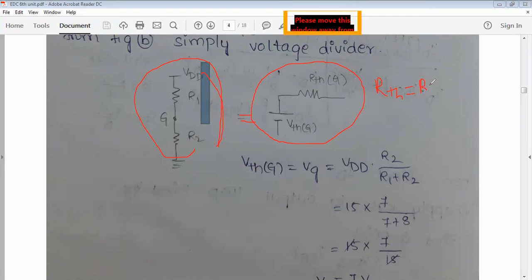Because gate current is equal to 0, so the product of Ig into Rg is equal to 0. R Thevenin is equal to Rg. No need to calculate the value of Rg, because gate current is equal to 0 in MOSFET, so the Ig into Rg product is equal to 0, right?